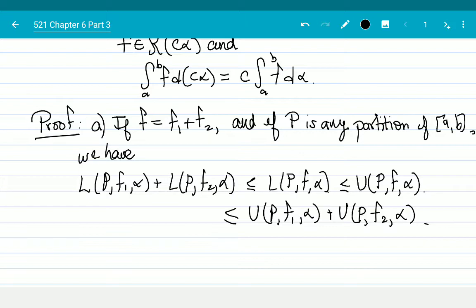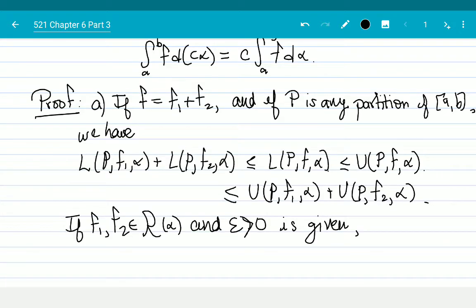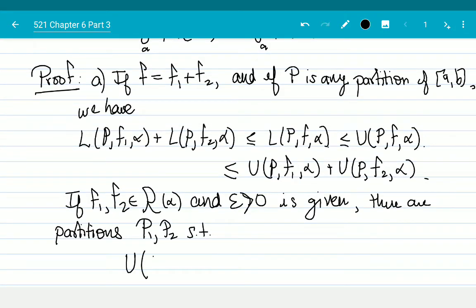In which case, if f1, f2 belong to R(alpha) and epsilon greater than 0 is given, I can find partitions P1, P2 such that U(Pi, fi, alpha) minus L(Pi, fi, alpha) is smaller than epsilon.